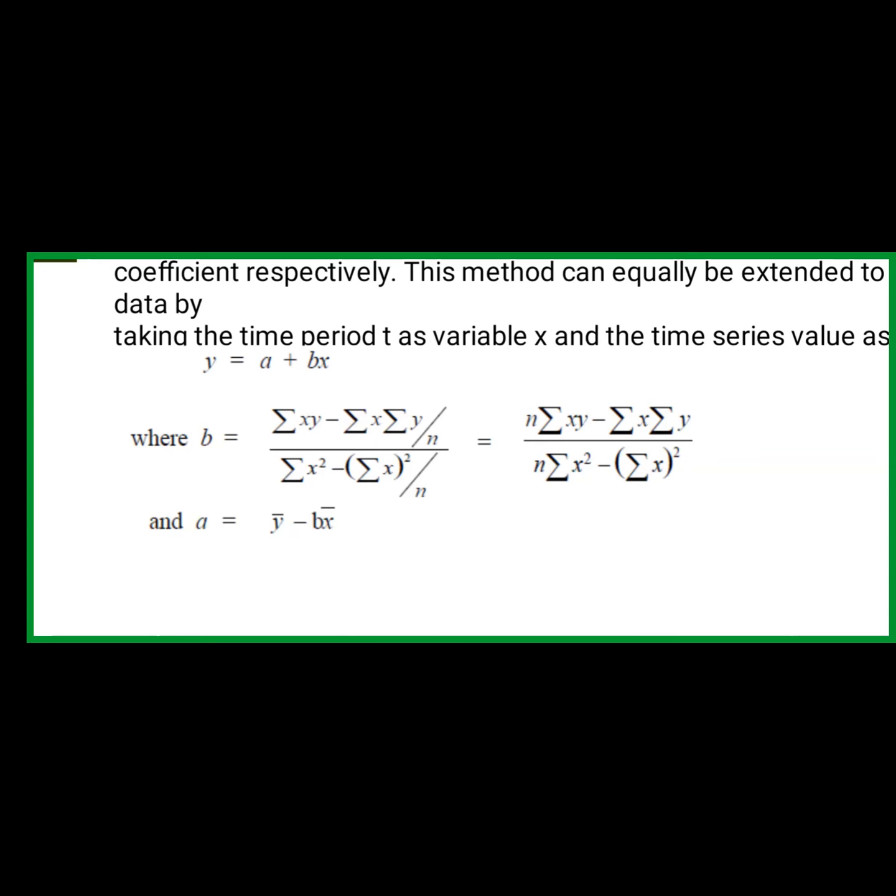We are looking for xy. So give me another one. What are we looking for again? We are looking for x squared. And we are looking for the total of y.